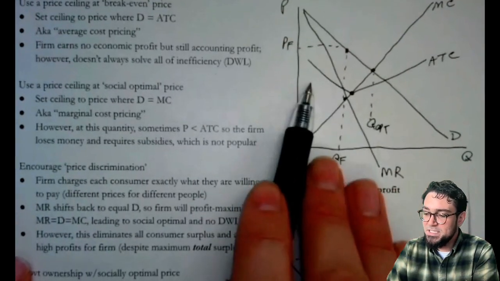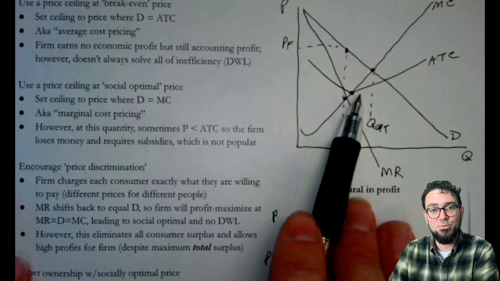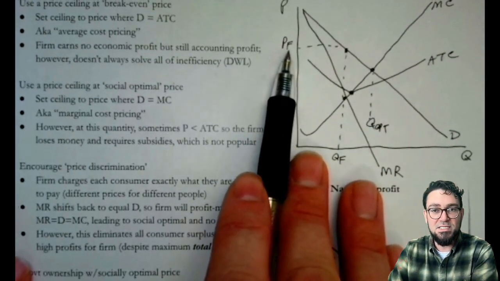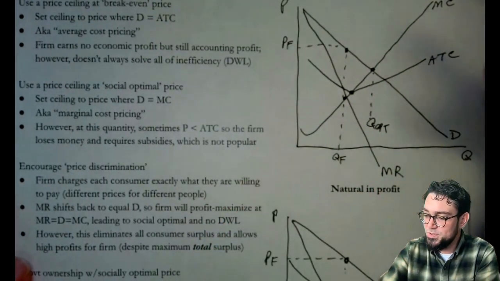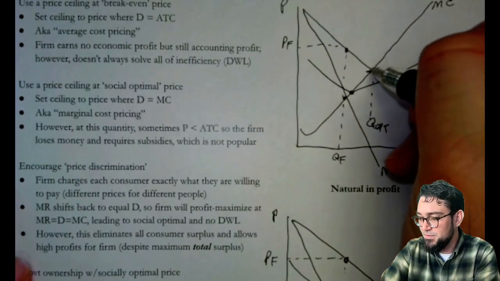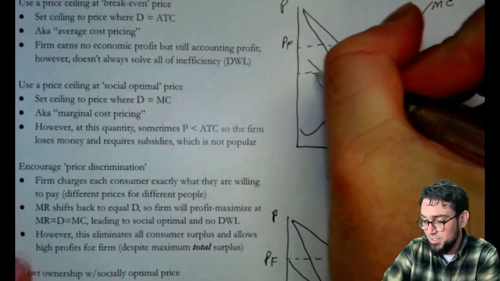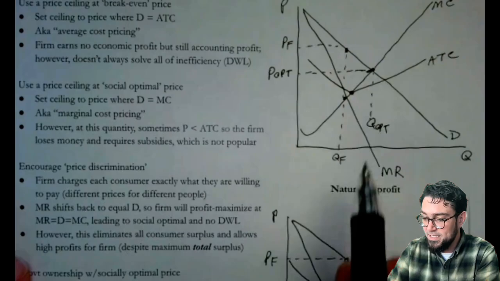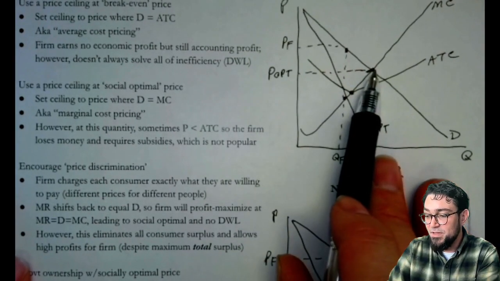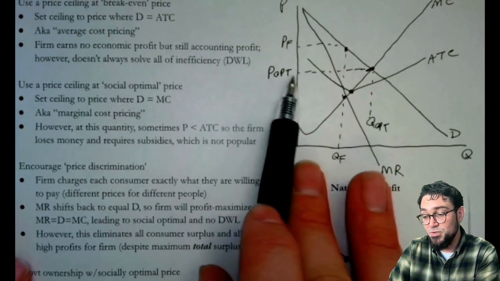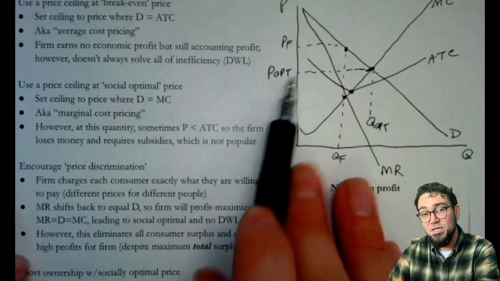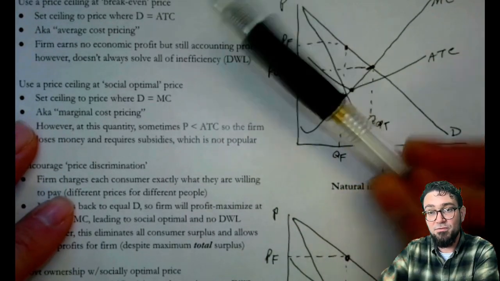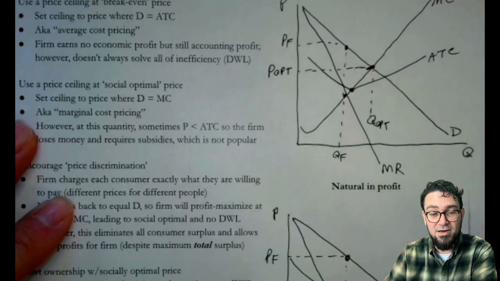The way a price ceiling would work is if I told this artificial monopoly, hey, buddy, you can't charge P sub F. You can only charge the price that corresponds to this optimal quantity, so I'm going to drag that over here and call it P opt. If I told them you can't sell for more than P opt, it takes this marginal revenue curve and flips it on its side at P opt.